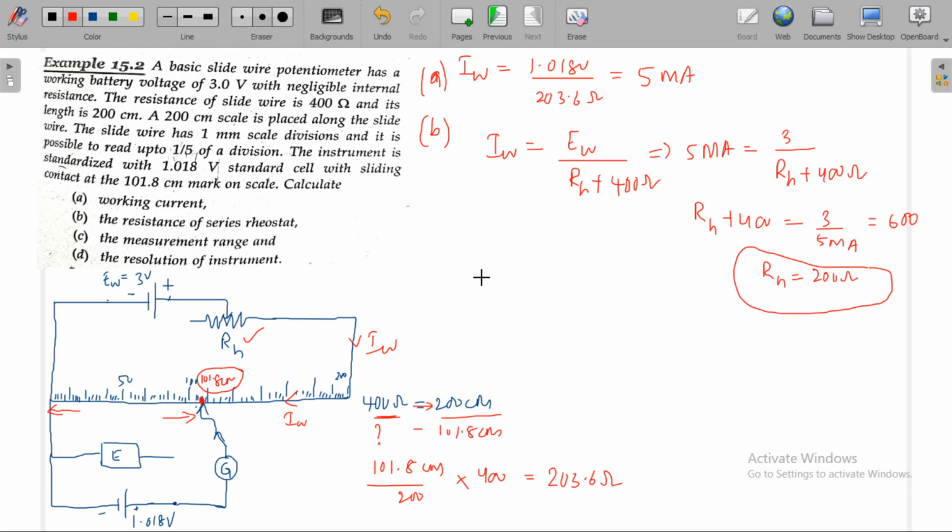Coming to C, the measurement range. What is the measurement range?